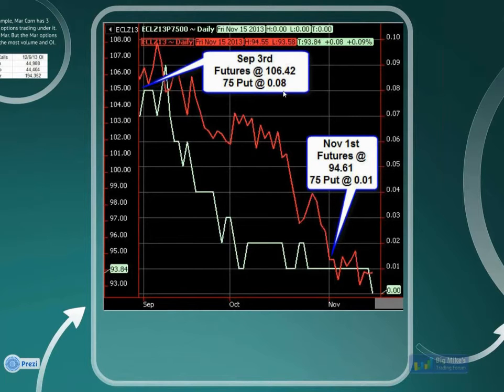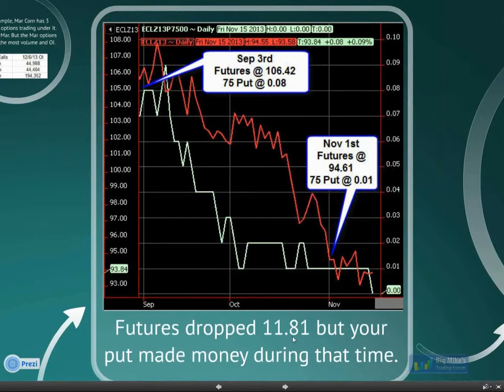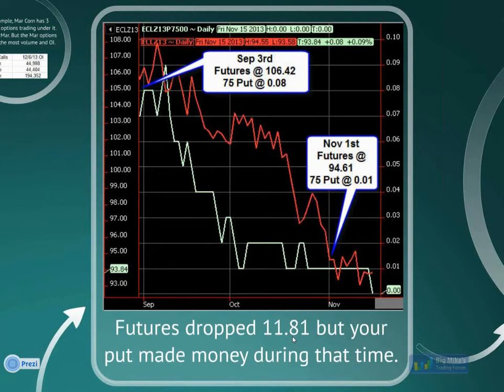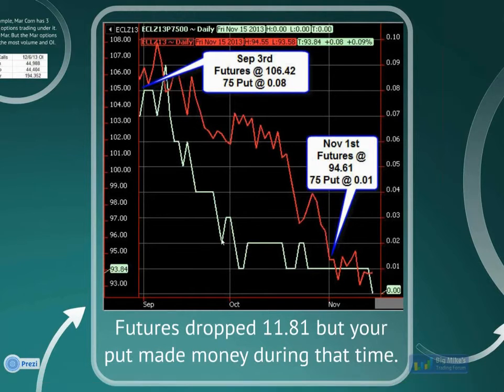Well, over the next 2 months, futures dropped to 94.61, which is $11.81 lower. So you were totally wrong on predicting the direction of the futures. But if you look at the green line here, that's what the premium of the 75 put did. It basically just went straight downhill, even though futures were going the wrong way on your option.